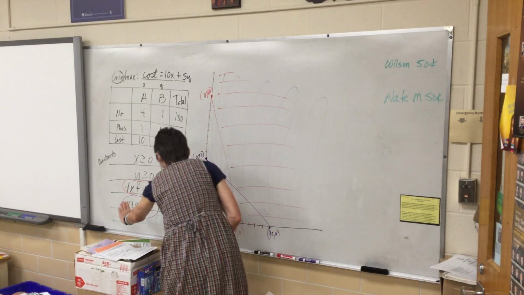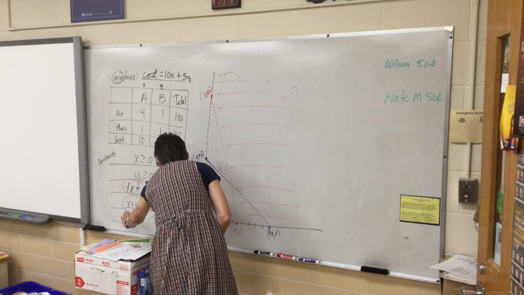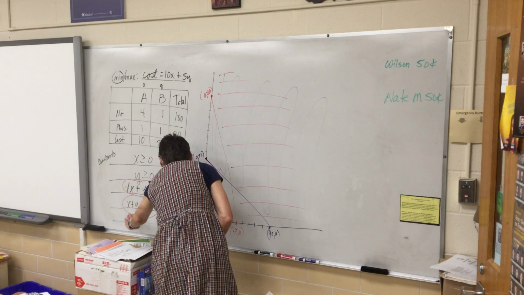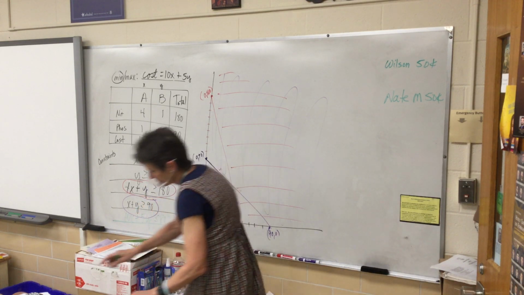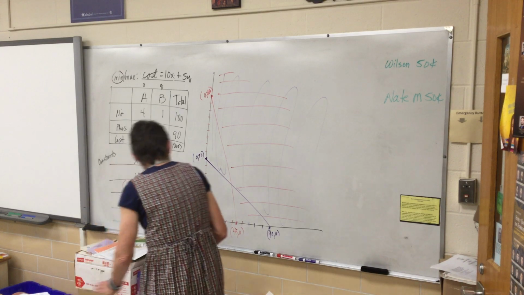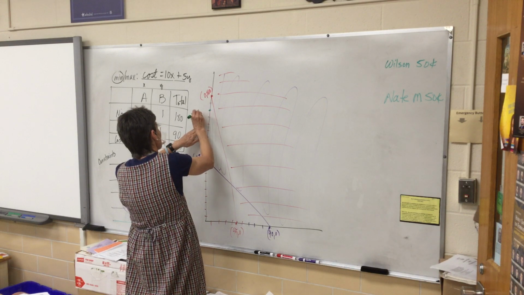So if I cover up x, what's 800 divided by 5? Is that 160? I think so. 800 divided by 5. Yep, 160. So that was y. So 160 is right here.